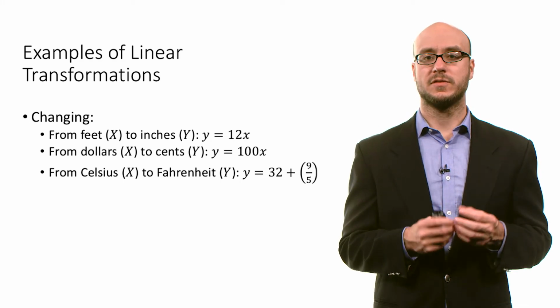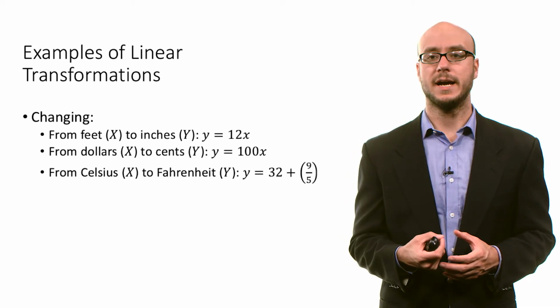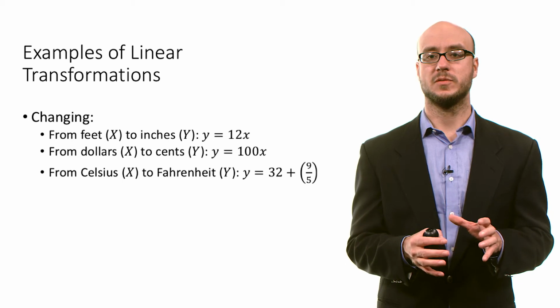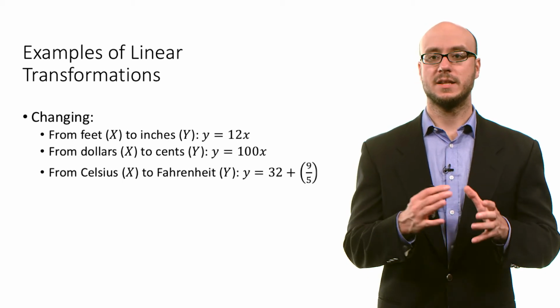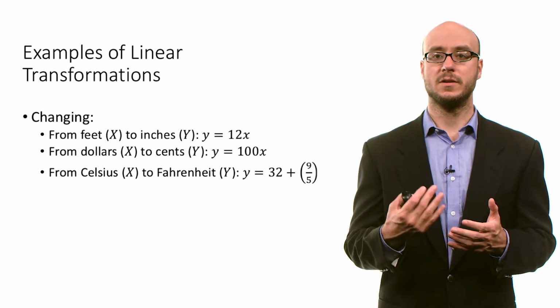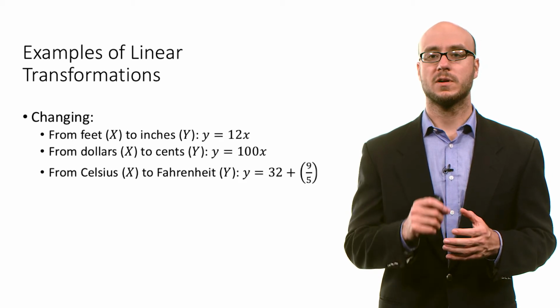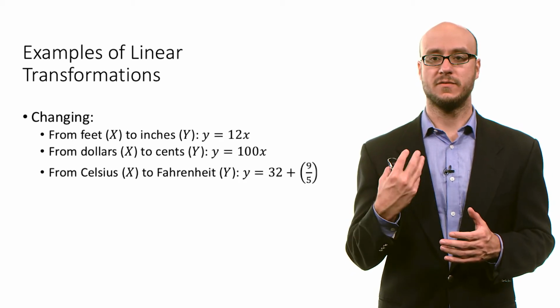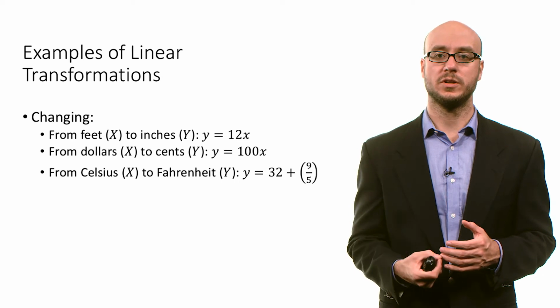If we change, however, from Celsius to degrees Fahrenheit, this is a linear transformation in which we're rescaling the data by a weight, 9/5, and then adding a value of a equal to 32.